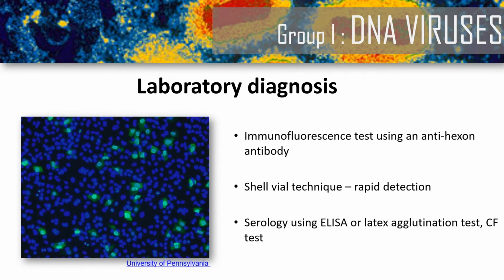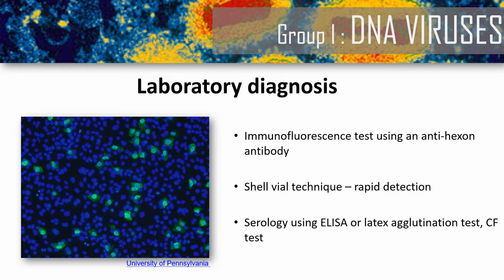In addition for your laboratory diagnosis for adenoviruses, you have your immunofluorescence test using your anti-hexon antibody, as I discussed on the previous slide, class, about the structure of our adenovirus. Then we can use an antibody that will detect the hexon part and then will produce a coloration. So yeah. We can also use your shell vial technique, which is a rapid detection.